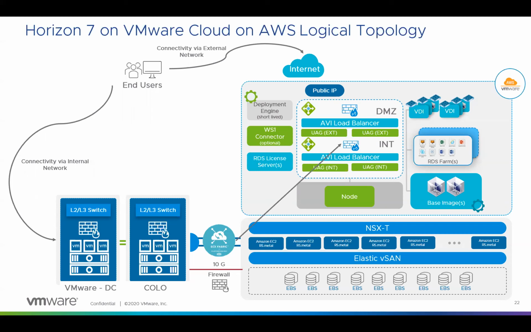That's the reason we have this deployment where we have DMZ and internal networks inside our SDDC. And this is another advantage of NSX. With NSX built into the SDDC, we can create the various segments and create the DMZ and internal and separate them using NSX.